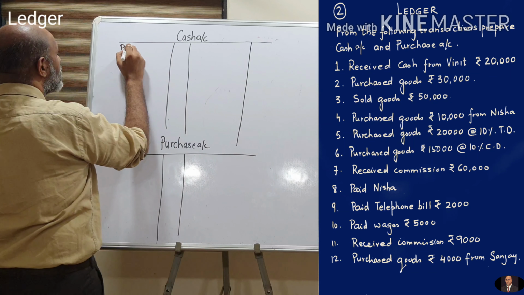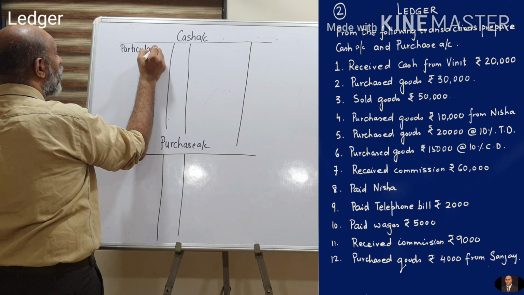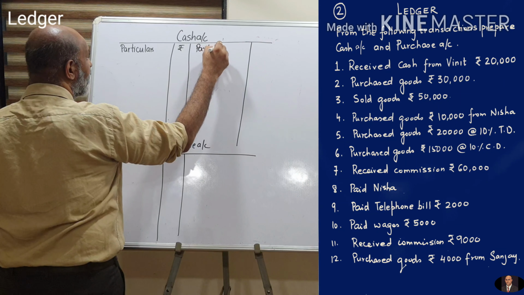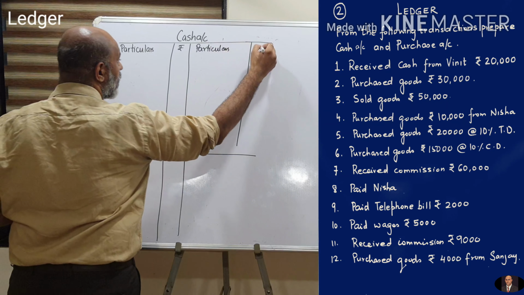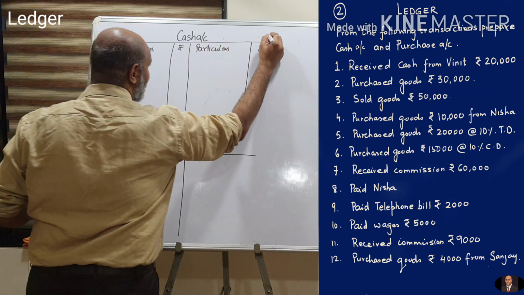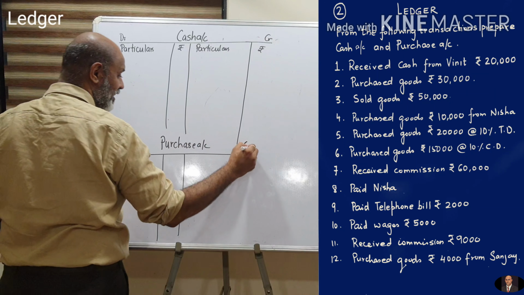So this is your particulars, amount, particulars, amount. Your debit side, your credit side, your debit side, your credit side.